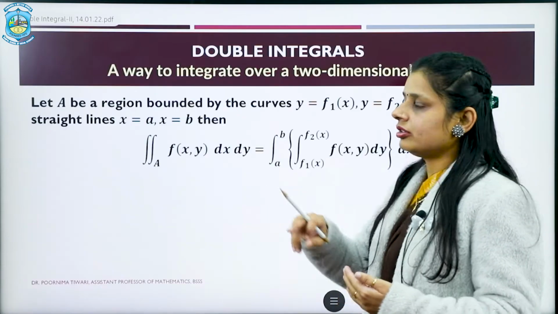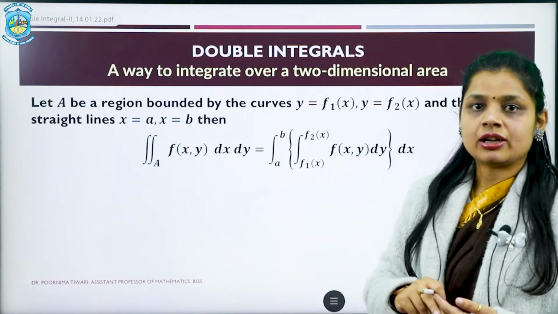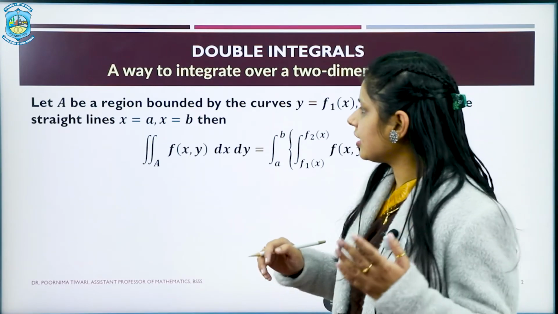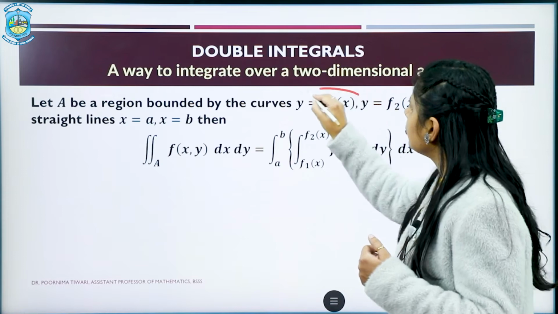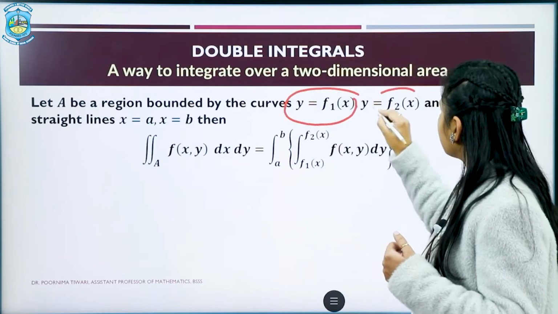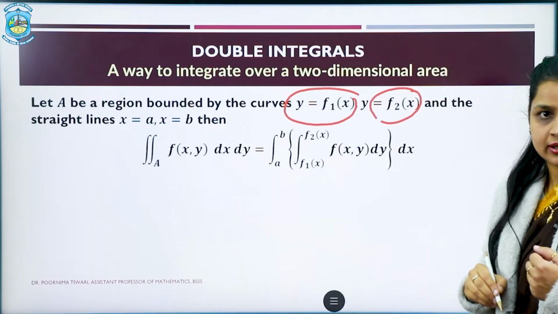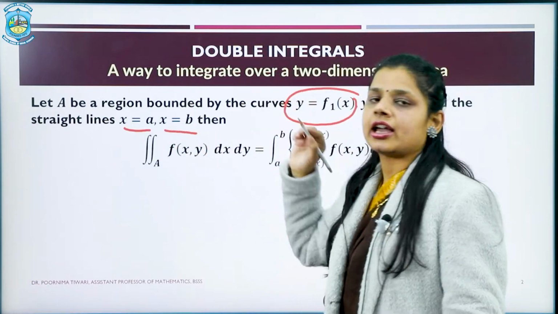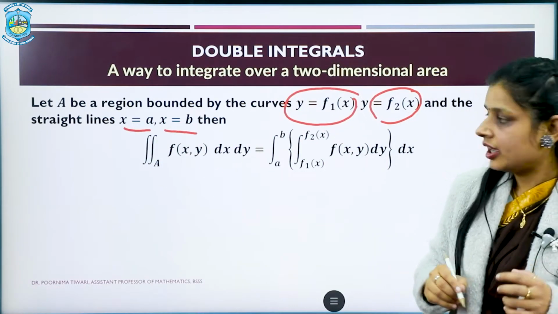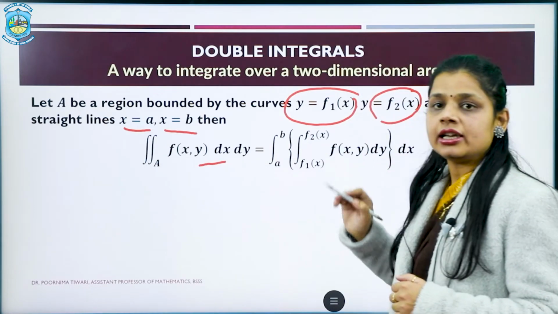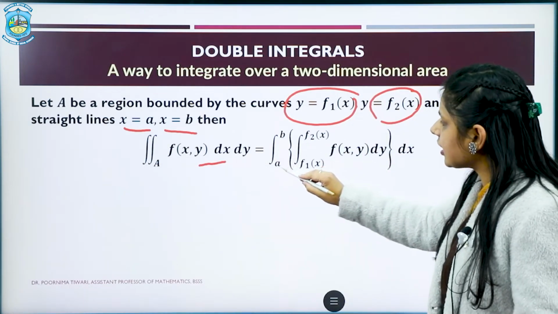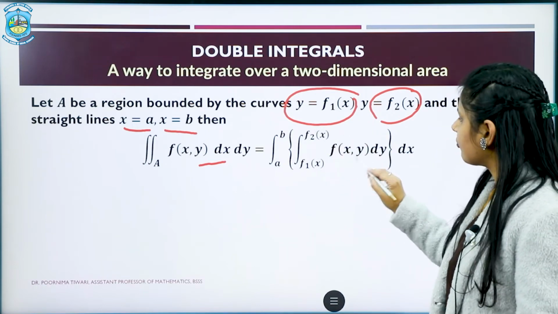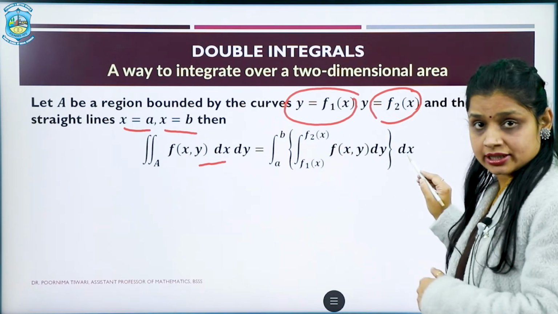Let us recall double integral of function of two variables. If A is a region bounded by two curves f1(x) and f2(x) and two straight lines x equal to a and x equal to b, then this double integral is given by integration a to b, f1(x) to f2(x), f(x,y) dy dx.